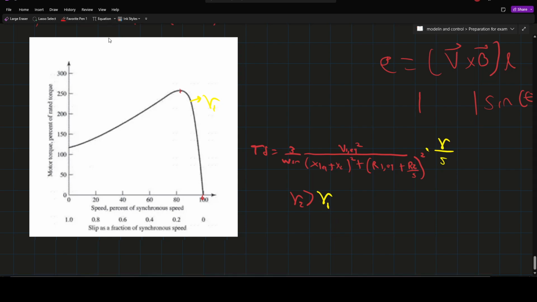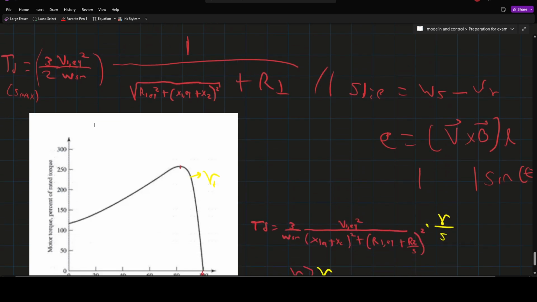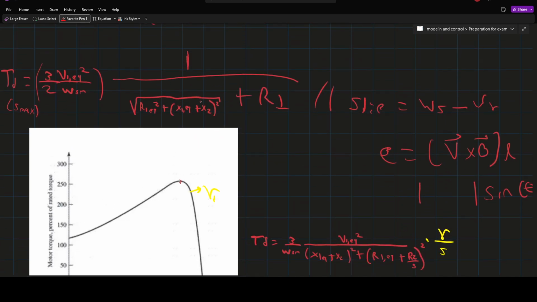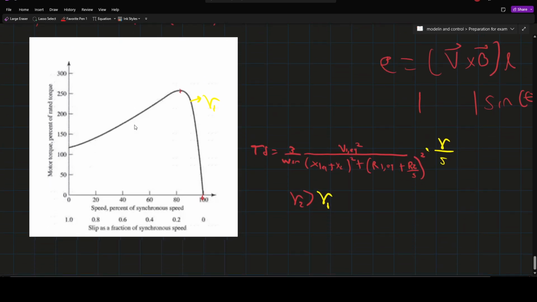So if we look at our equation for the maximum torque, we don't see this R in this equation. So this maximum torque is gonna stay the same, but this whole value is gonna start bigger, because for example, if we have 0.2 and R1 is 10, we will get like 50.